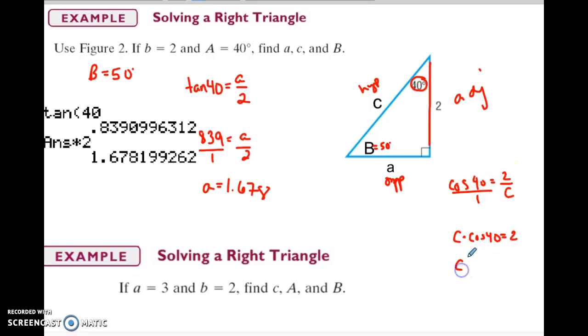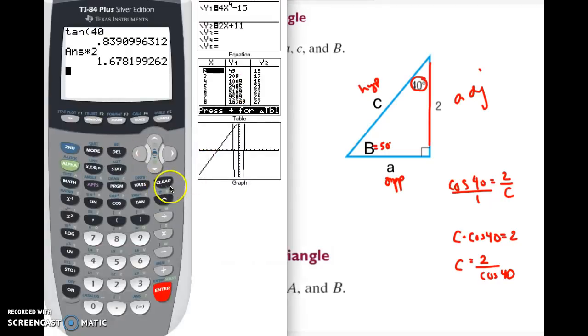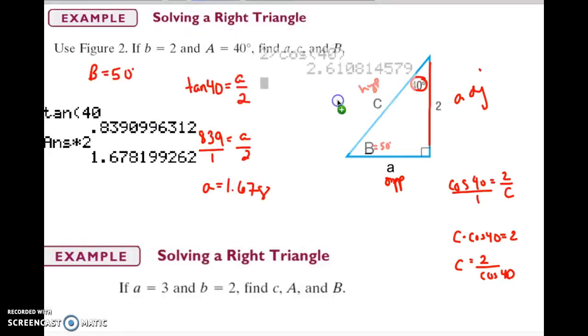And so C has to be 2 divided by cosine 40. Now, if you want to get the ugly decimal right away, go for it. I'm just writing this out. And now when I go to type it in my calculator, I'm going to get 2 divided by cosine 40, and we get 2.61. So C is 2.61.